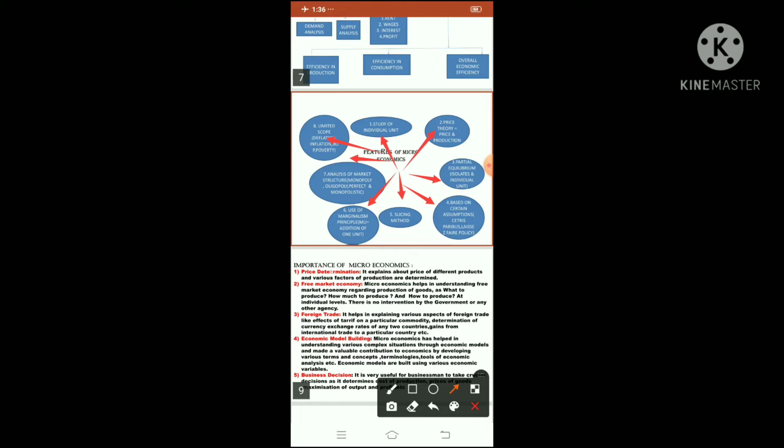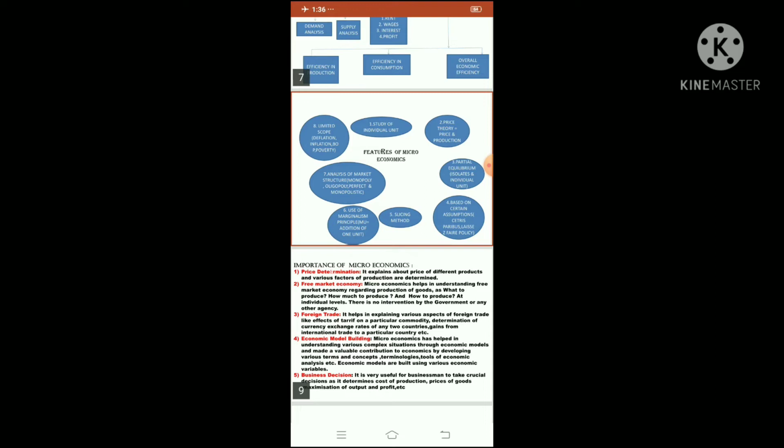They have told inflation, deflation, BOP and poverty. As a commerce student, you must know inflation and deflation: a rise in price structure or a fall in price structure, related to comparison of price. Anytime the Indian rupee can fall down. So these are the features of microeconomics.